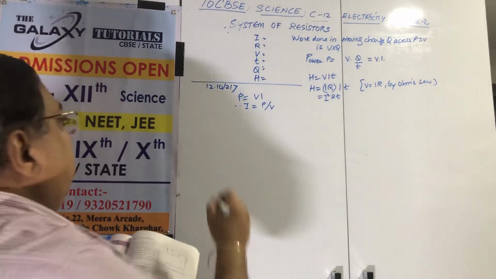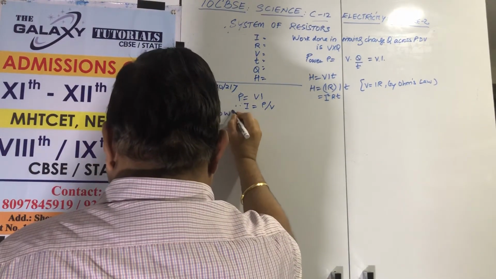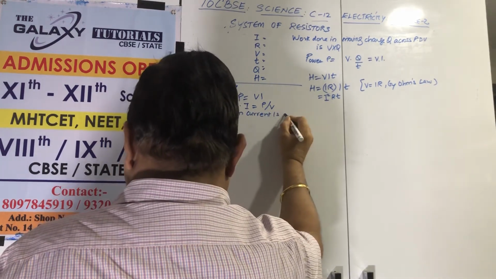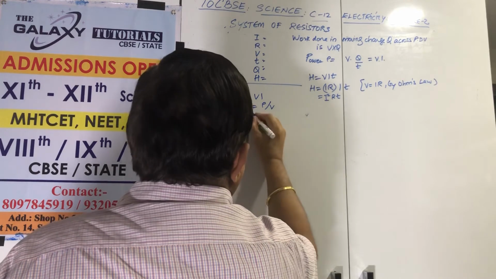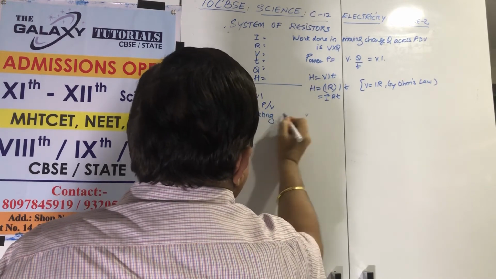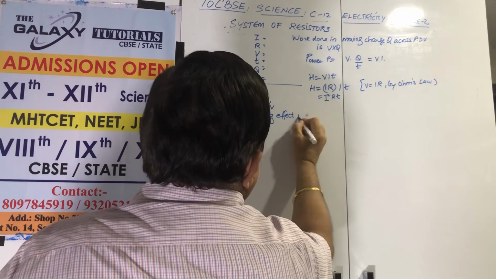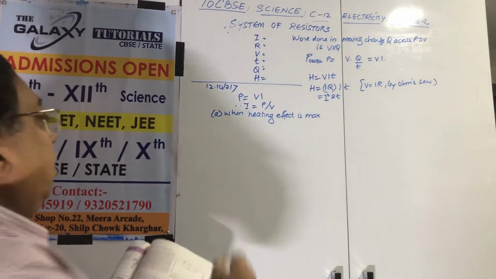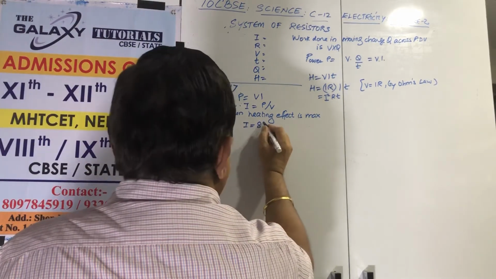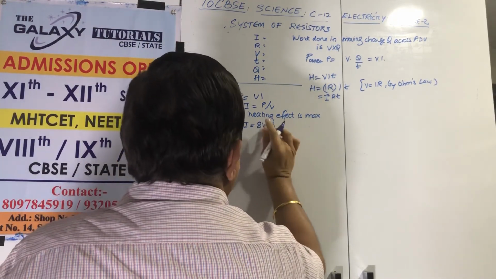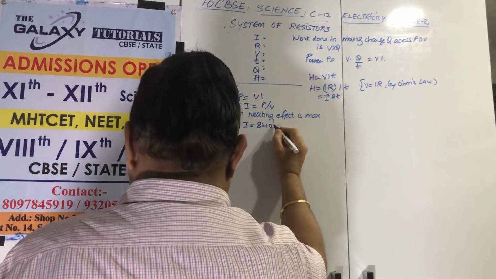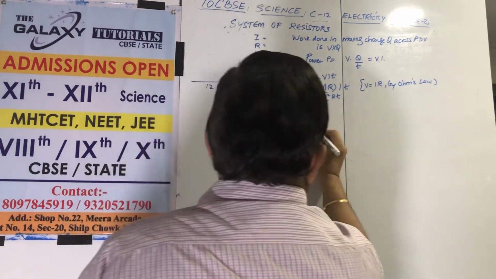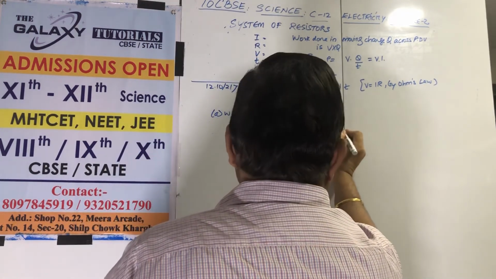Now, A, when heating effect is maximum, you put it on full, you go to the last setting. I is 840 watts divided by 220 volts. Now this will give me 3.82 amperes.